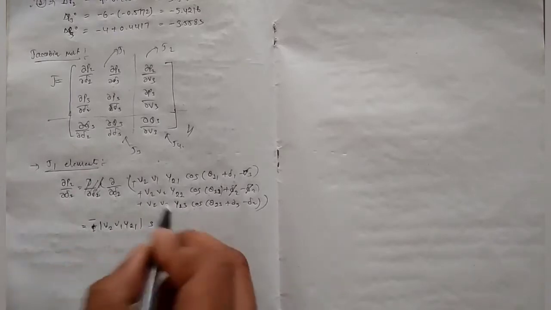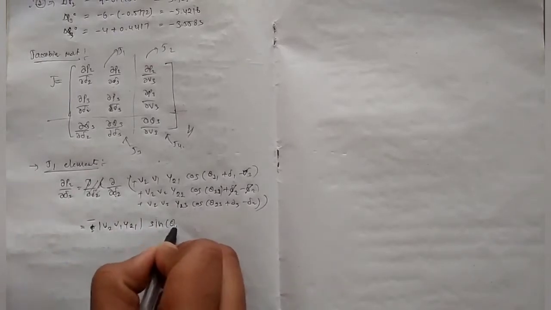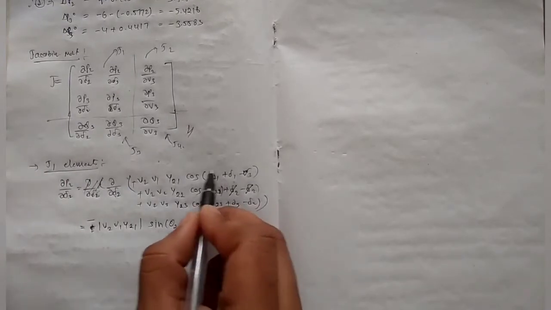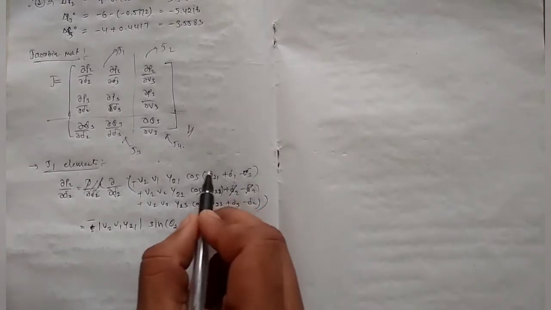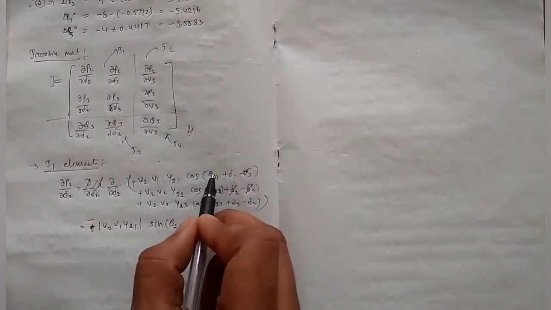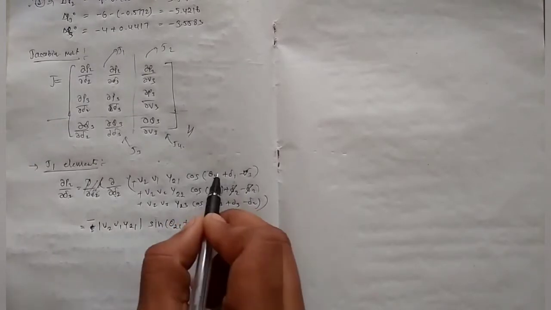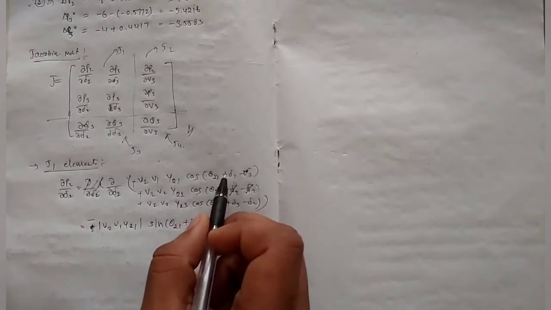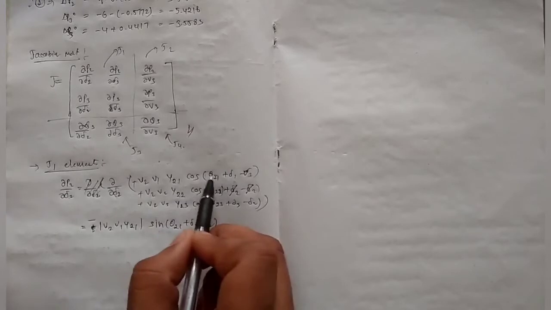Minus sin(θ21 + δ1 − δ2), and we have a formula that cos θ differentiates to minus sin θ, but we also need the inner differentiation.